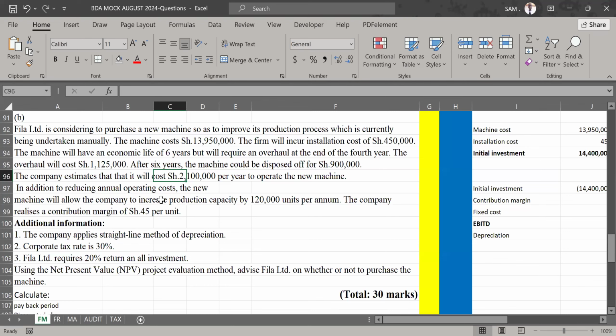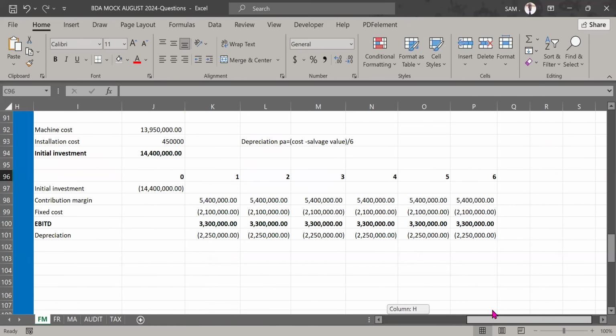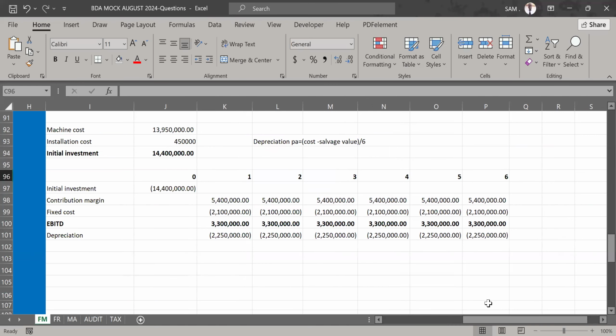We know the classification of costs. We have variable costs, semi-variable costs, and then fixed costs. If we do not digress and go deeper into those costing parts, I believe at this level you've already learned all that. Now, we brought in the fixed cost for the 6 years, and being a cost, it is expected to be an outflow. It is expected to affect our inflows, to affect our money.